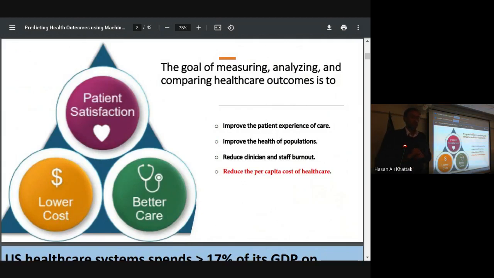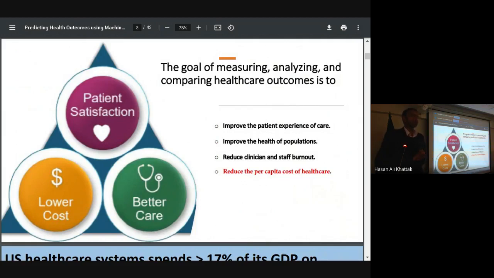Secondly, how we can improve the health of the overall population to improve care. The third point is how we can reduce clinician and staff burnout.